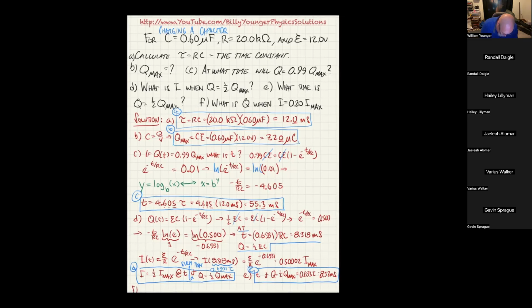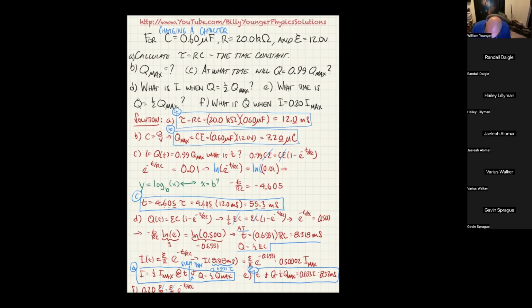So 0.20 times E over R is equal to E over R times e to the negative T over RC. You can see that the E over R cancels out, and I'll take the ln of both sides.